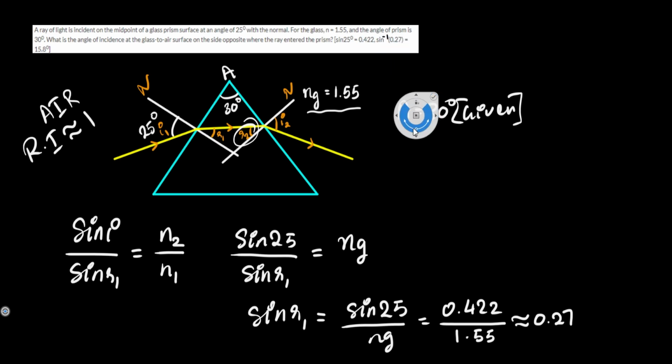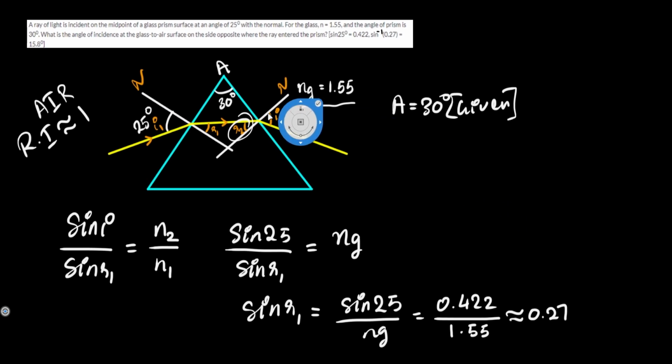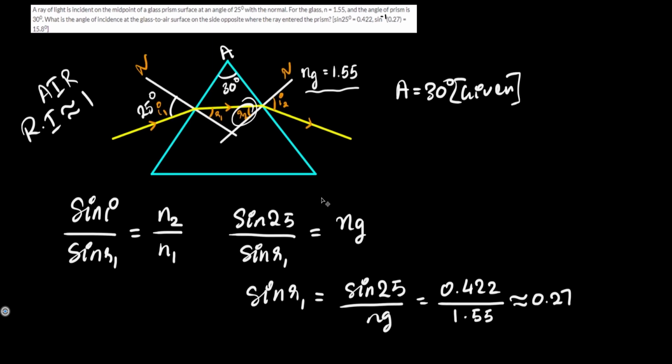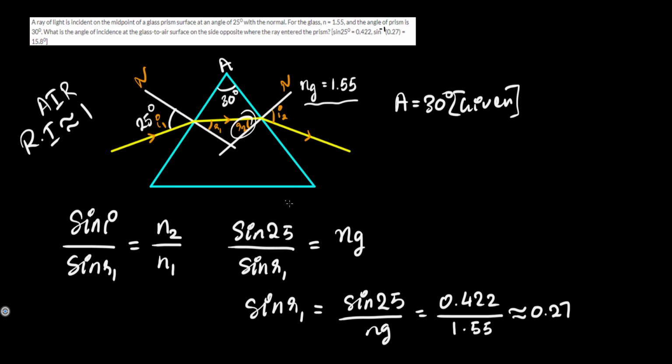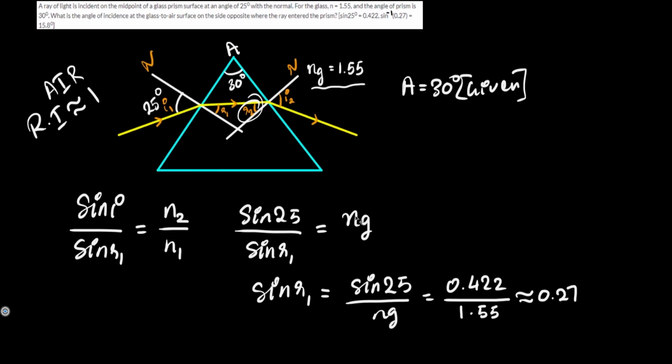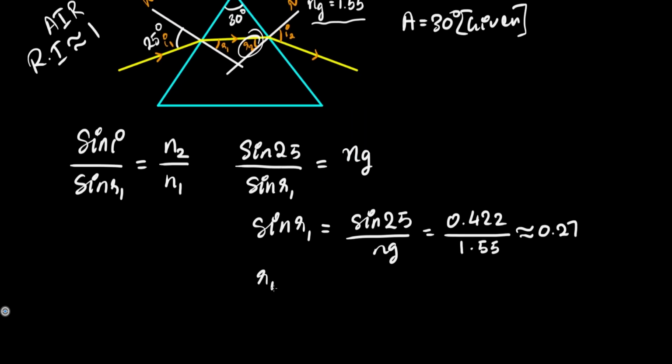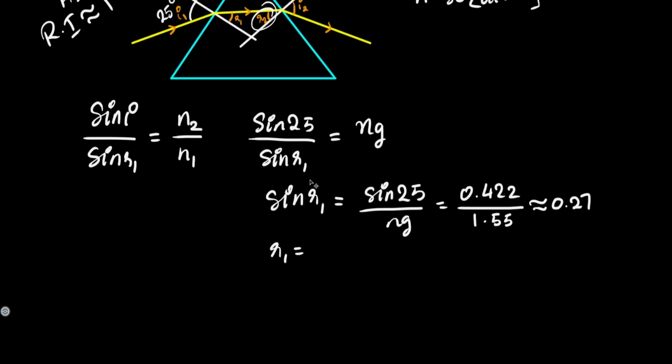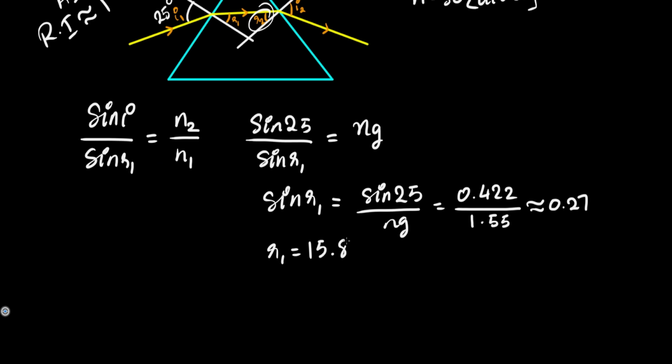So if you take sine inverse of 0.27, you find that the angle is 15.8. I don't know how that makes sense. I didn't learn how to find that, but it's given in the question, so let's use it. So my R1 is 15.8 degrees.